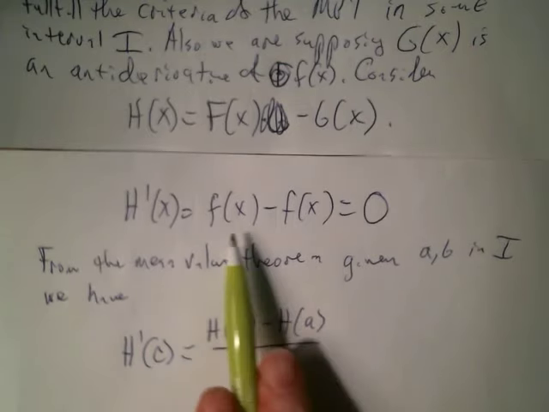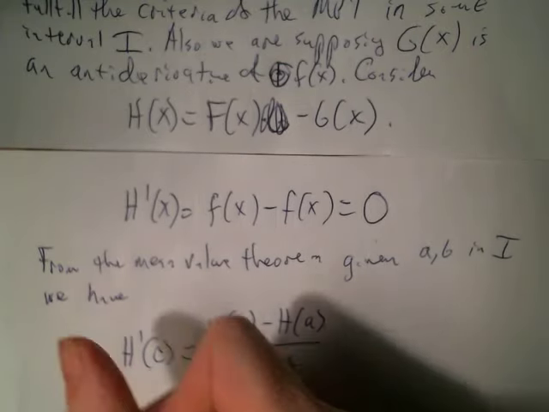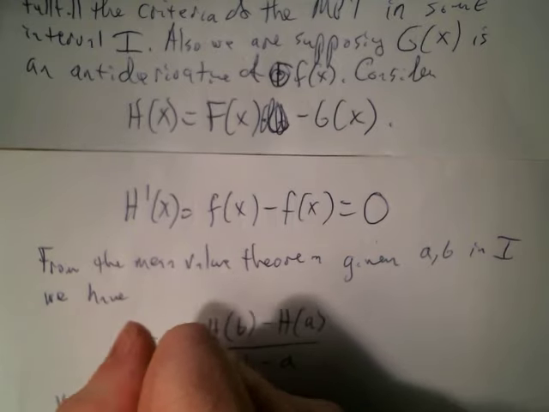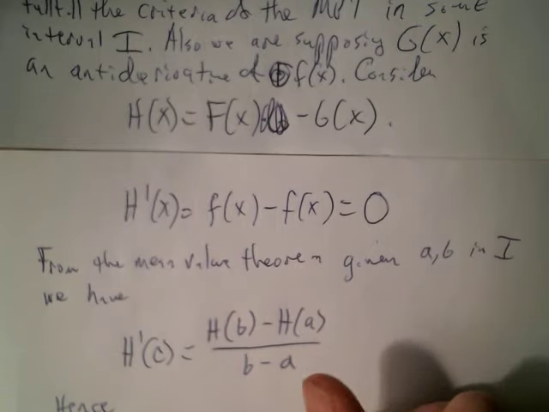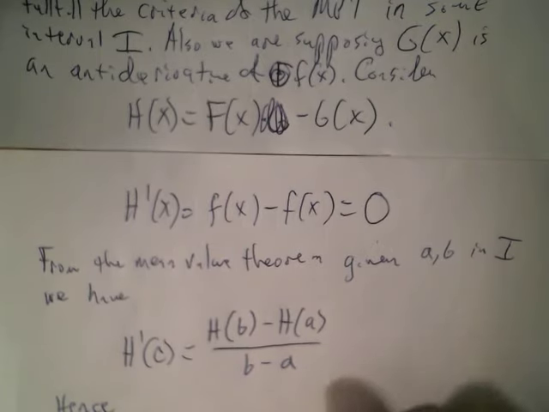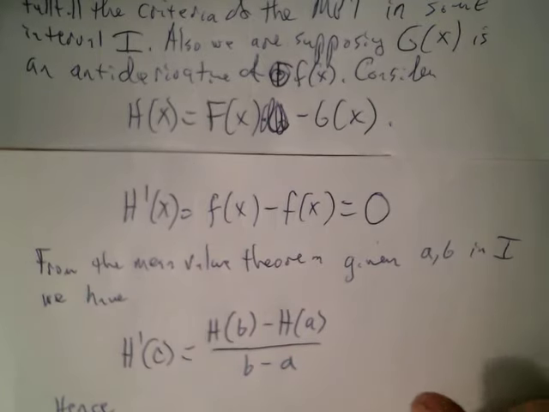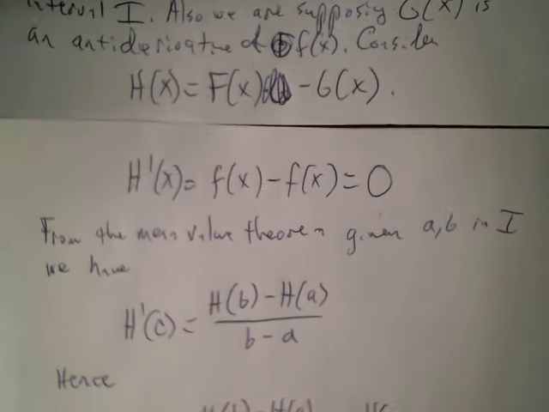So taking this statement and then this statement here, we can say 0 equals H of b minus H of a all over b minus a.